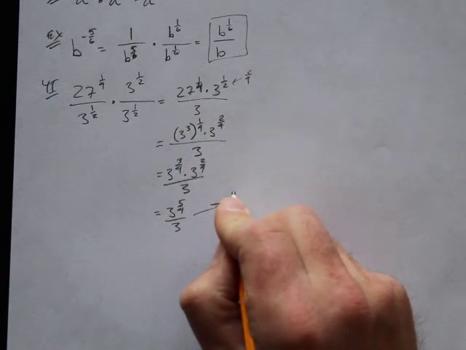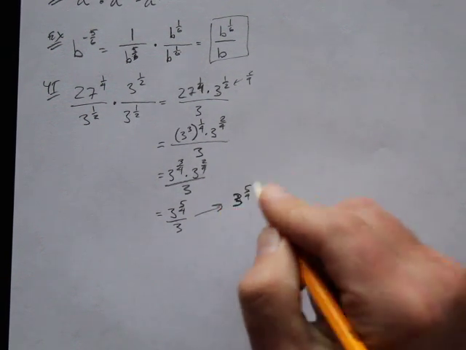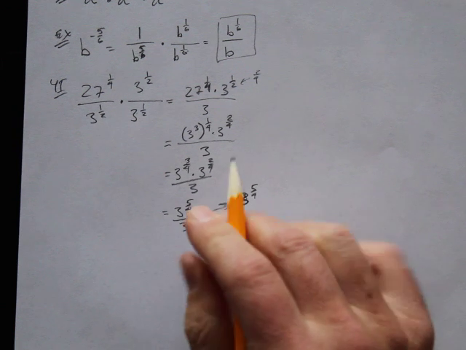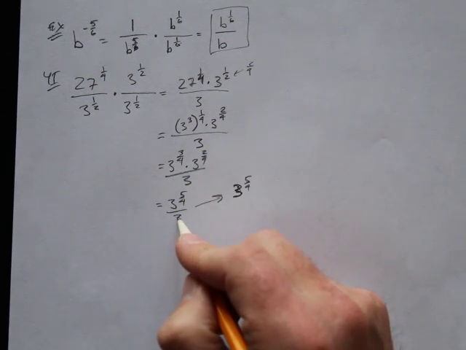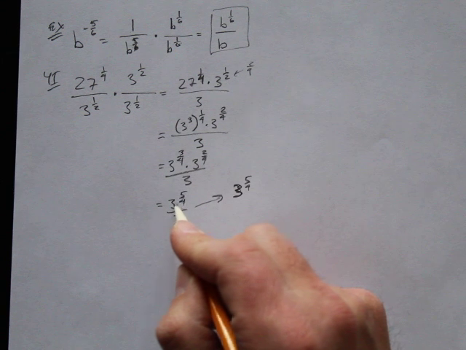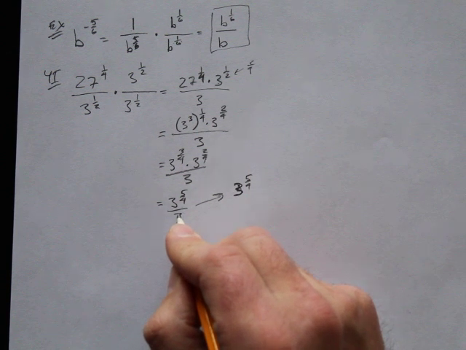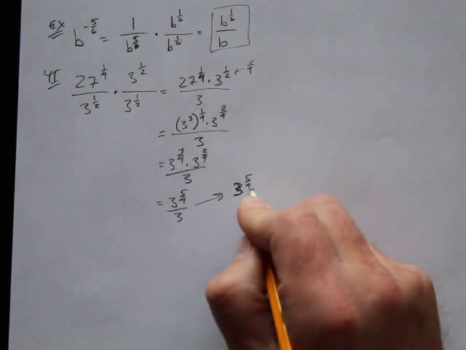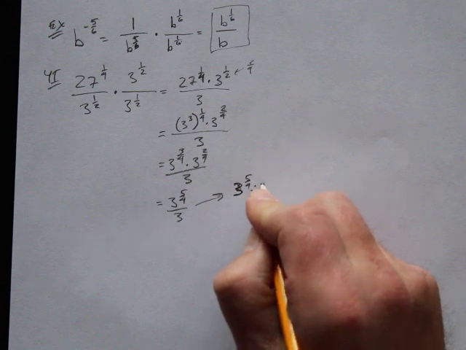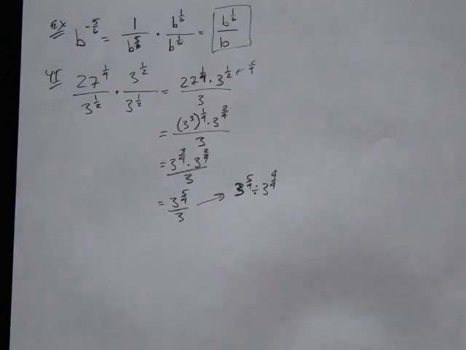I can draw it bigger: 3 to the 5/4. Remember the quotient property: when I'm dividing, I subtract the exponents. So this is 3 to the power of 5/4 divided by 3 to the power of 4 over 4. 3 to the 1 is the same as 3 to the 4 over 4.